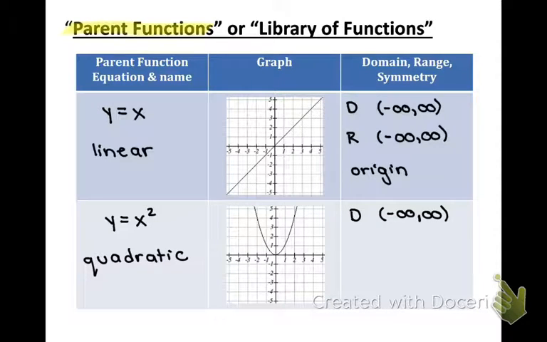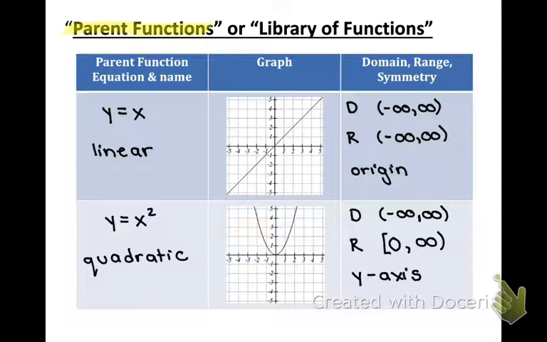Its range, bottom to top y values. We have a y value that's as low as 0. It is included in the graph, so it gets a bracket, and we are going all the way up to infinity. Remember, infinity and negative infinity always get those parentheses. And this graph has symmetry to the y-axis.